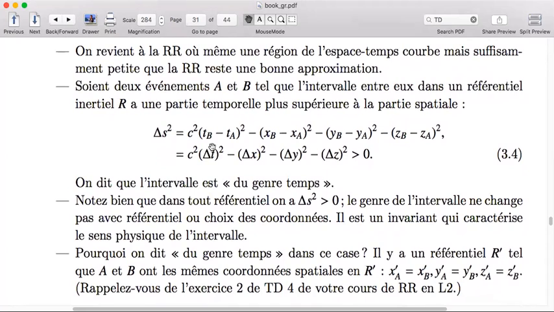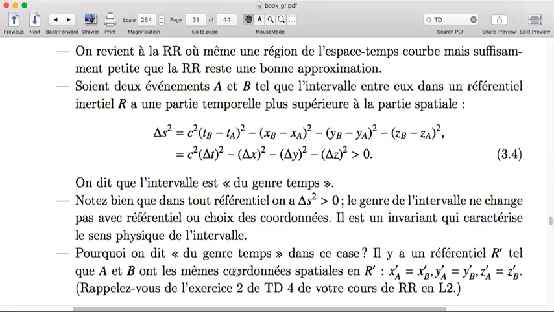When the temporal part is bigger than the spatial part in this quadratic form for the interval, this is a reminder from special relativity, right? We said that these events A and B are time-like separated. So in French, du genre temps.